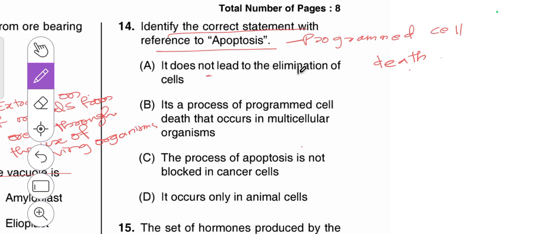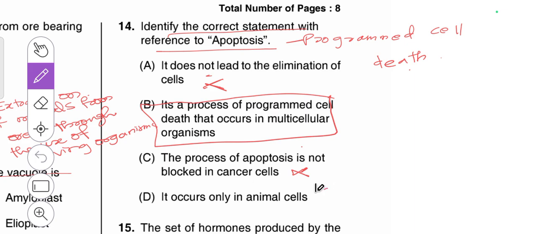It does not lead to elimination of cells. No, it eliminates the cells. It is a process of programmed cell death that occurs in a multicellular organism. It is true. Then the process of apoptosis is not blocked in cancer cells. No, it is also included in cancer cells. It occurs only in animal cells. No, in all living organisms. So B is the right answer for this question.